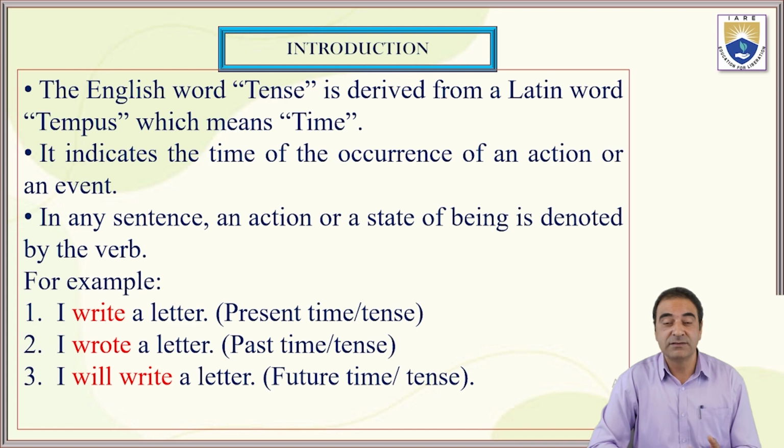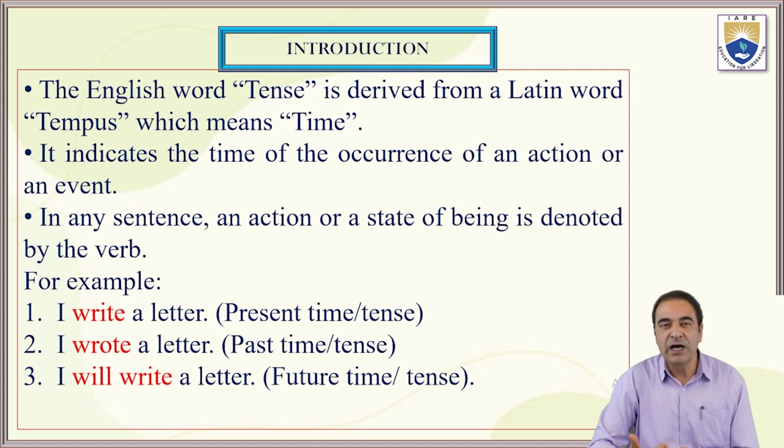As you know, this word verb is derived from a Latin word verbum, which means a word. When we say a word, it means the most important word in a sentence. Therefore, in tenses, it is the verb that shows the time of an action.